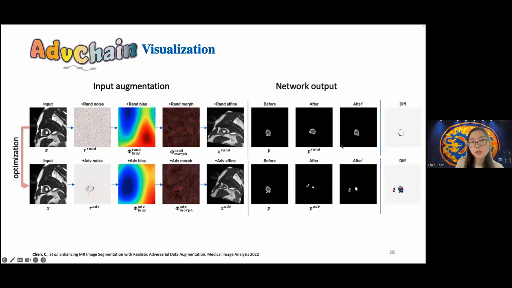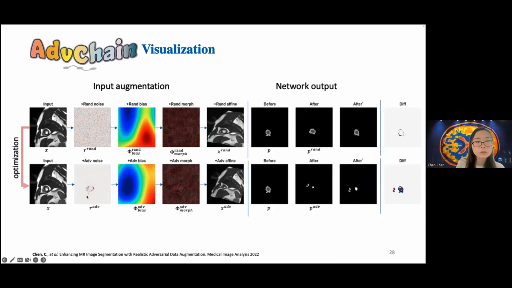This may be because we already include such random data augmentation as the default pipeline when we train our models. However, if we apply one more step of optimization to optimize the underlying data augmentation parameters, we see that the network can be very fragile to such adversarial transformation, where it mispredicts the cardiac region, okay?